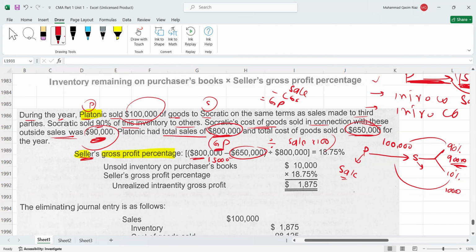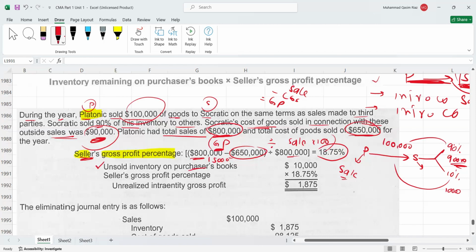Divided by sale, 800,000, and multiply by 100. So GP percentage is 18.75%. So this is the first thing you have to calculate. What is the first thing you have to calculate? The seller's gross profit percentage. Now, the second thing you need to know: what is the unsold inventory on the purchaser's books?